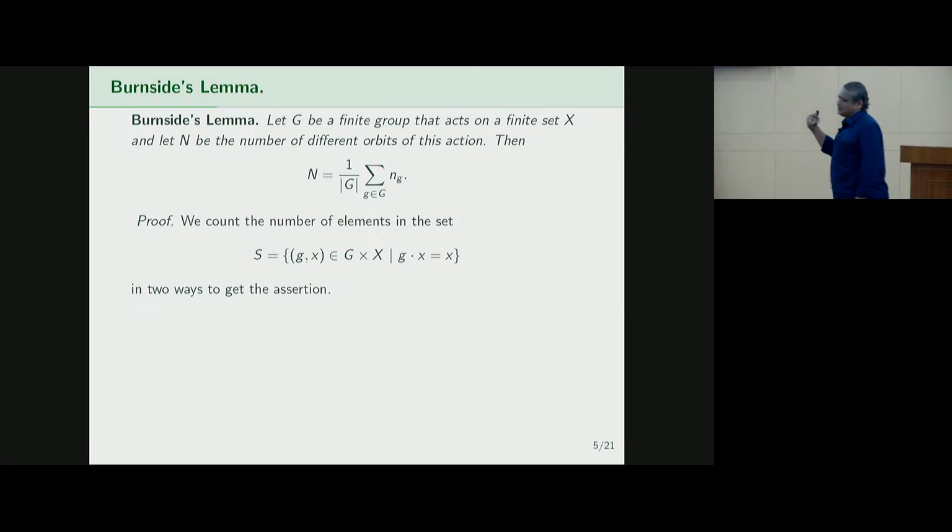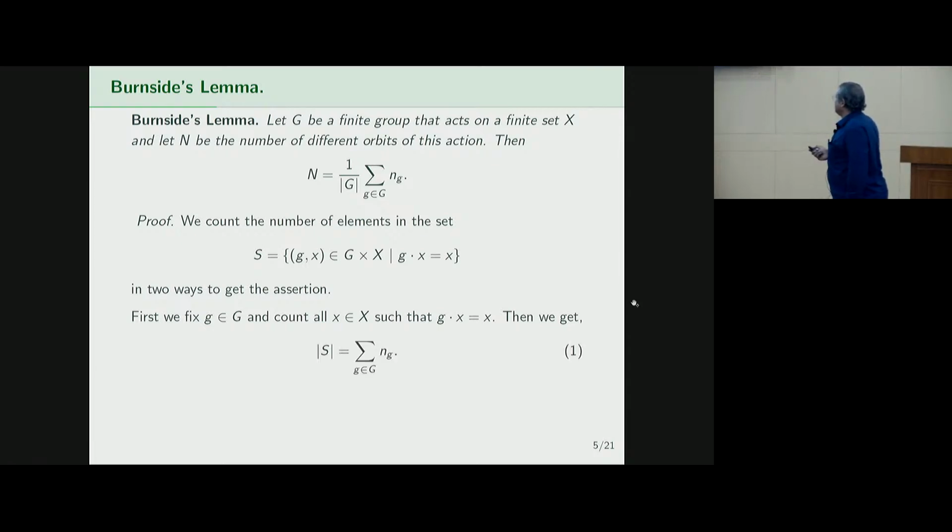Similarly, we fix x and count the number of elements g satisfying this. First we fix g and count all the x such that g dot x equal to x. Once you fix g, counting all x is nothing but N_g, the fixed points. Therefore, the total sum of N_g is nothing but the cardinality of S.